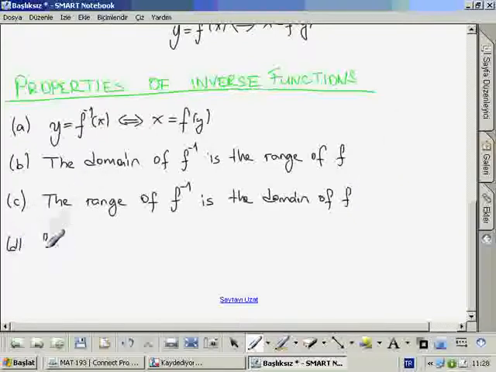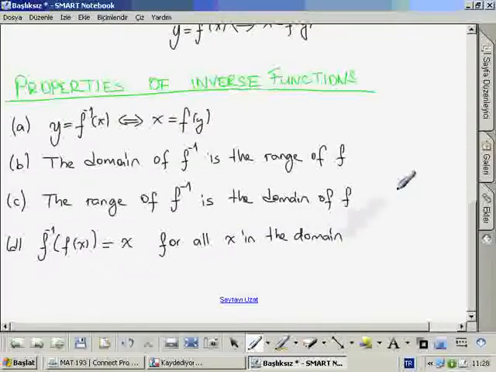The inverse of f of x function equals x for all x in the domain of f.